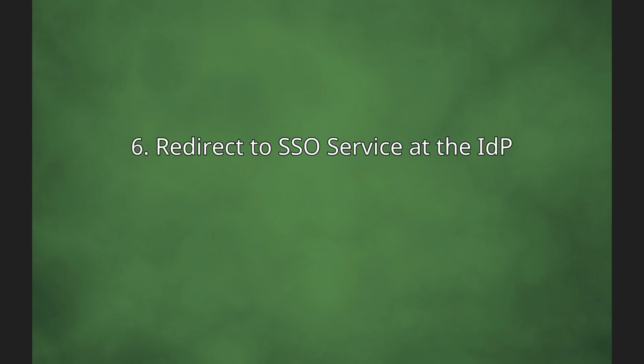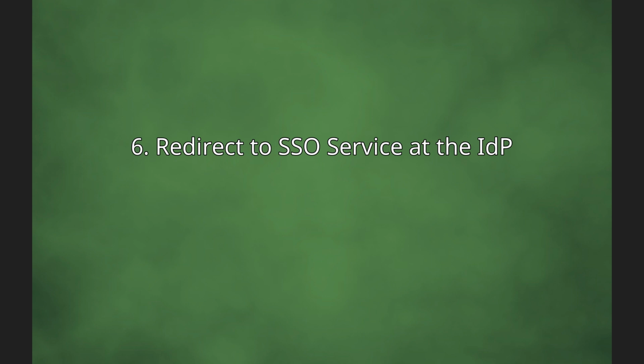6. Redirect to the SSO service at the IdP. The service provider generates a relevant SAML AuthnRequest element, encodes the SAML request in a URL query string, and then redirects the browser user to the single sign-on service at the identity provider.